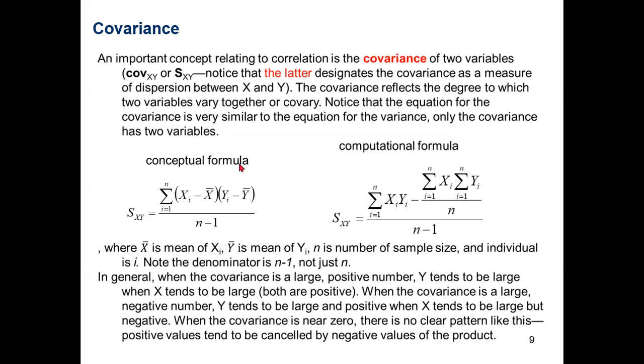What do you call the square rooted value? That is called standard deviation.